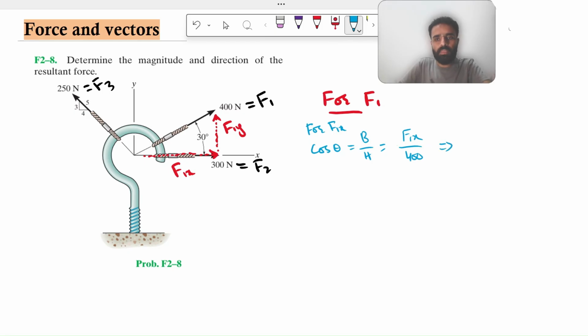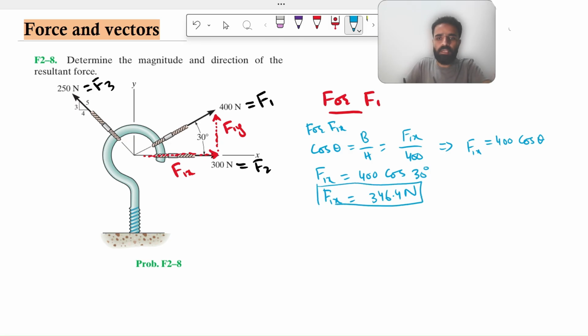Shifting the 400 to the other side, F1x equals 400 cos of theta, where theta is 30 degrees. Putting in the values, we get F1x as 346.4 Newton.